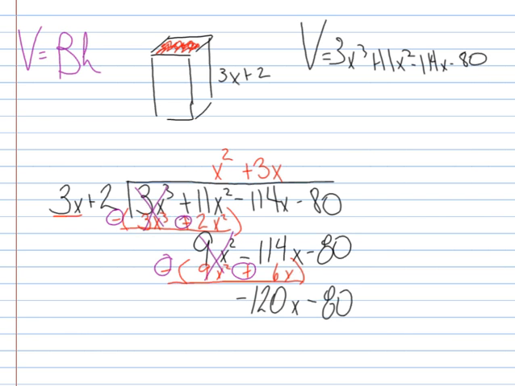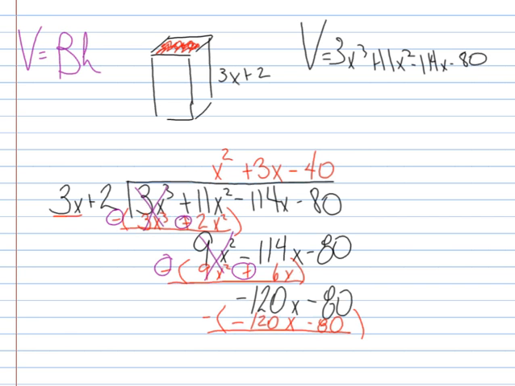I say, what can I multiply 3 by that turns into a negative 120? Oh, that would be a negative 40. Negative 40x times 3x is a negative 120x, with my x chilling there, and a negative 40 times 2 is a negative 80. So remember, in long division, you are always subtracting at that level.